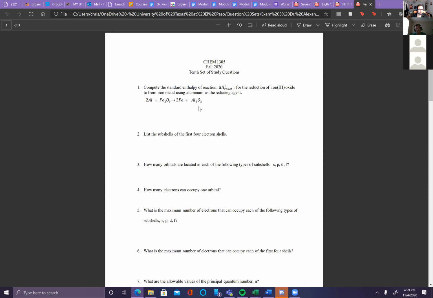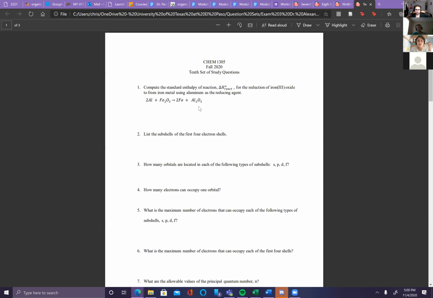Yeah. So the point of these questions, for example question 1, what you guys want to do, if you're just given the equation, is look up the standard enthalpy values from the textbook, or from a standard thermodynamic data table. But on the test they're going to be on lockdown browsers, so they won't actually be able to look these up.